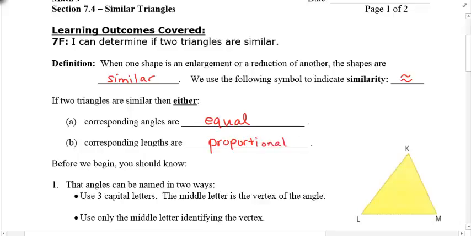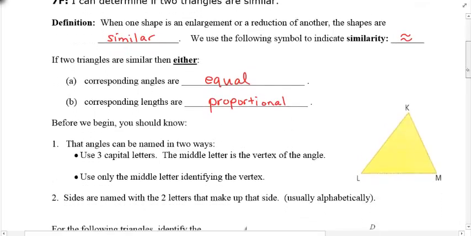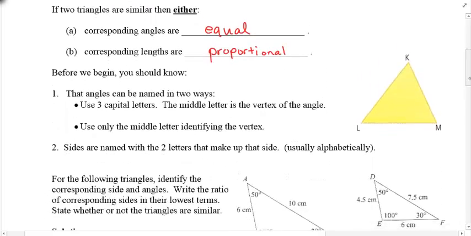So before we begin, you should know a few things. When we're talking about triangles, we can name angles in two ways. We can use 3 capital letters. So if I'm asking about this angle here, I could call this angle LKM, or I could also call it MKL, as long as the middle letter K is the vertex or the corner of the angle.